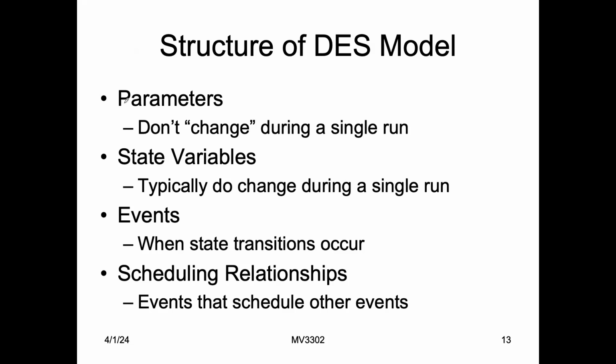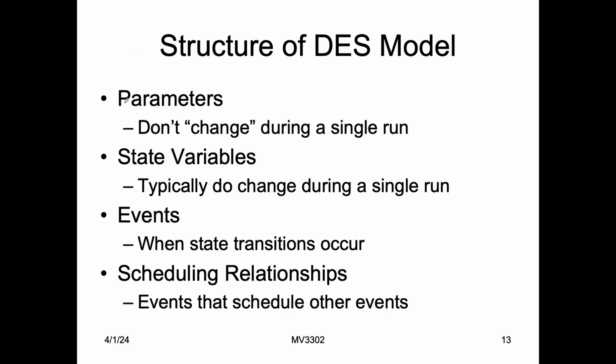And then events are when the state transitions occur. And then the final piece are the scheduling relationships. Remember I said that events can schedule other events. So that's actually a binary relationship. In fact, it's a directed binary relationship, and that's the key behind modeling this as a graph.